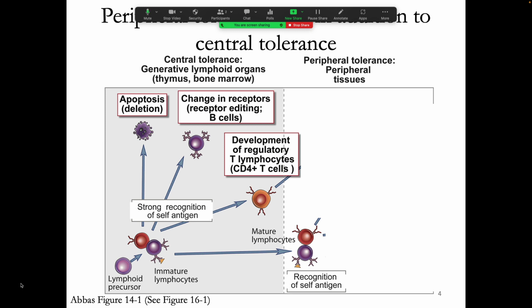And so I'm going to talk today first about a couple of diseases that are usually thought of as defects in central tolerance. And then we're going to talk about some defects in peripheral tolerance. And then depending on time at the end, we're going to talk about some other issues of autoimmunity broadly and some individual autoimmune diseases that are just the ones most immunologists know some stuff about.